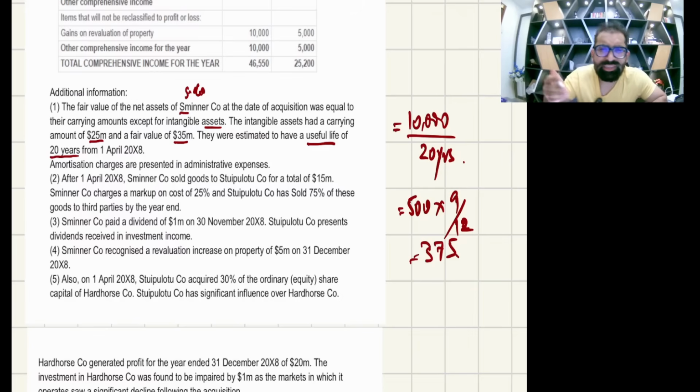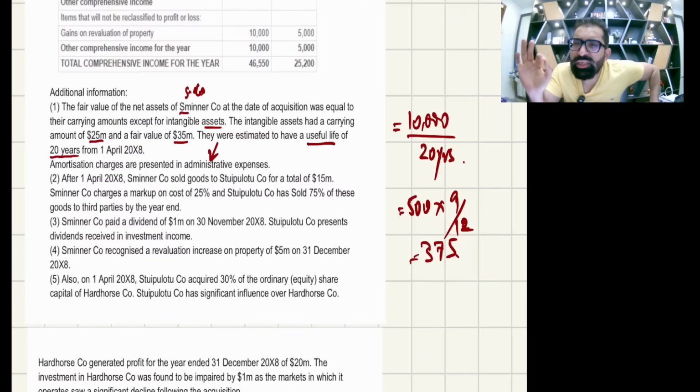Now excess depreciation, or you call it excess amortization, both are correct. Obviously it's an intangible asset. Now amortization charges are presented in admin expenses. Wow, very good. Normally in my course when I taught you guys, and in 99% of times you have seen in past papers as well, this excess depreciation is adjusted in consolidated cost of sales and NCI.